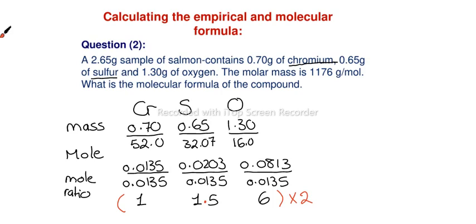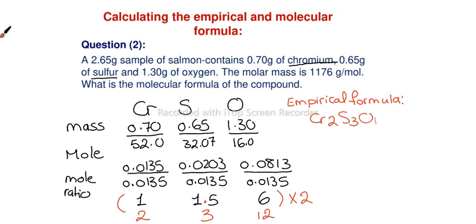So if you multiply by 2, the chrome will become a 2. For the sulfur, it will become a 3. And finally, you will have a 12. So your empirical formula will be Cr2S3O12.